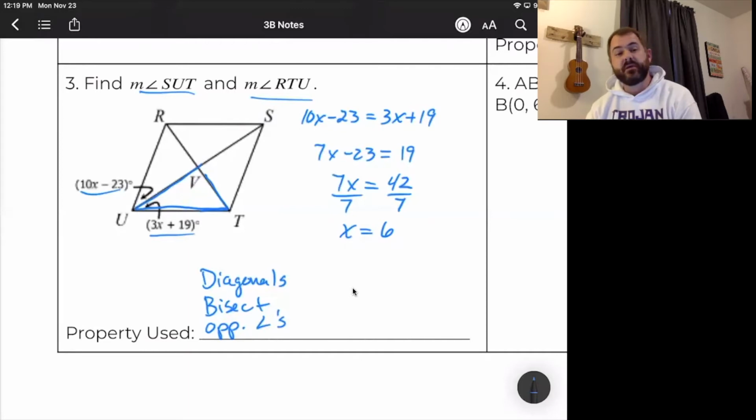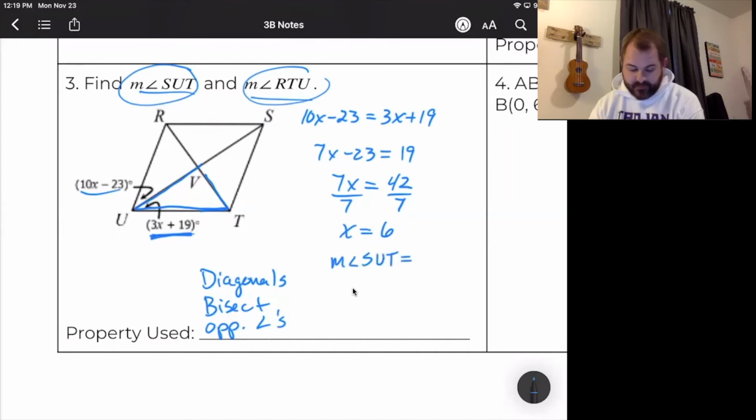Now, to actually solve the problem, this is where it gets a little more tricky. We want to go back in and find both of these angles. Well, one of these, the measure of angle SUT, I'm just going to plug in. I'm going to do 3 times 6 plus 19. 3 times 6 is 18. 18 plus 19 is 37.